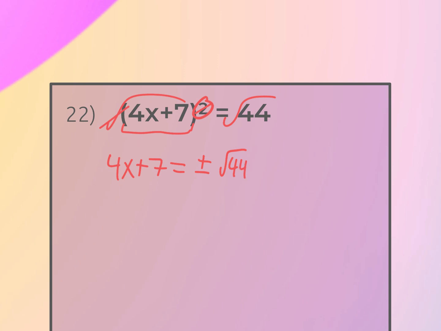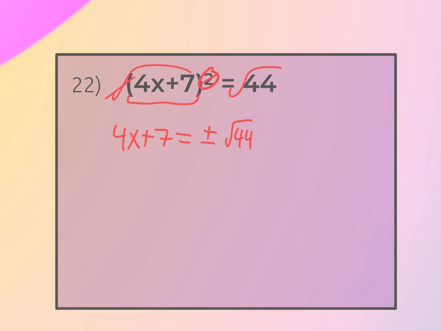And then we can simplify square root of 44. What does this become? Does it have any factors that are perfect squares? Yes, it does: square root of 4 times square root of 11. And square root of 4 is a perfect square, so we get 2 square root of 11, and square root of 11 can't simplify. All right, so then we get 4x plus 7 equals plus or minus 2 square root of 11.